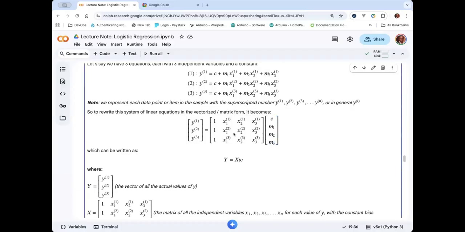This is a dot product. And for those of us who can do a bit of vector matrix multiplication mentally, you will see that if you multiply this matrix by this vector, you are going to get back this equation exactly as it is.